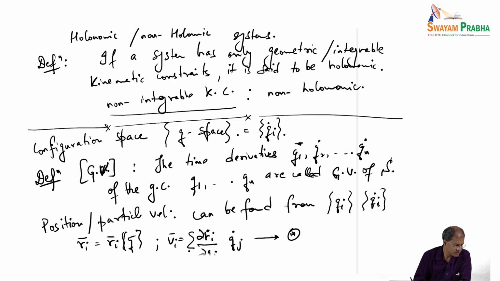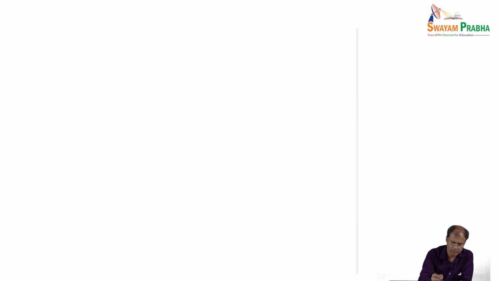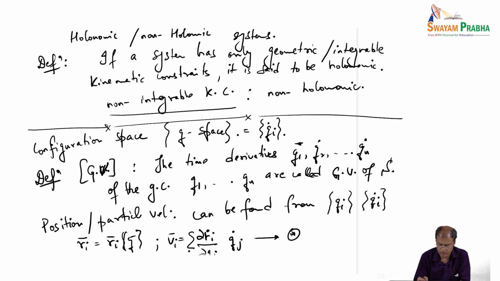Okay, so what else do we have? We would like to find the particle velocity for the two particle system. Let us look at this idea of introducing velocity in terms of generalized coordinates through an example.